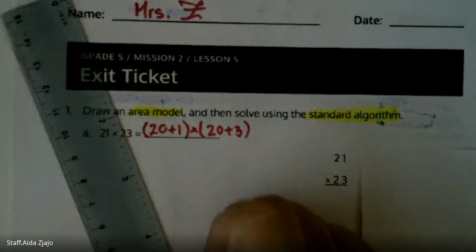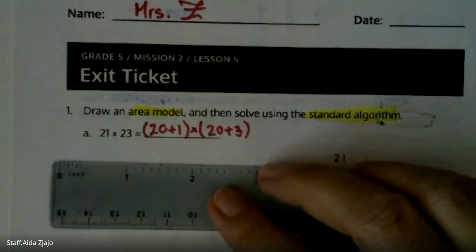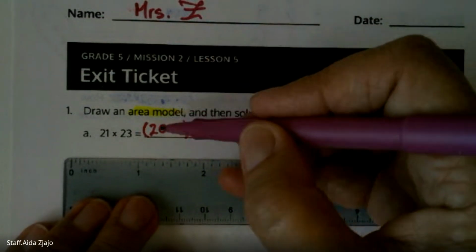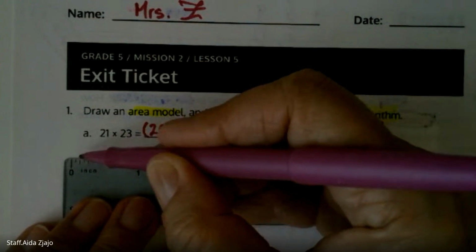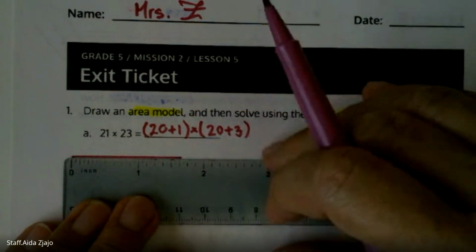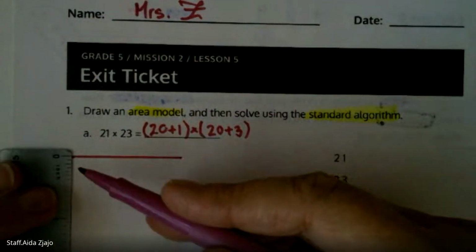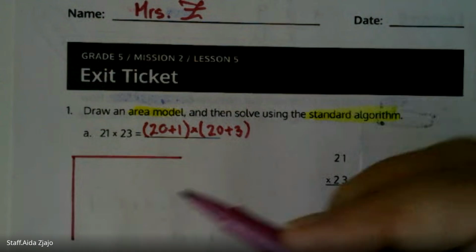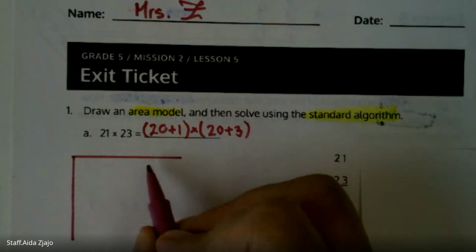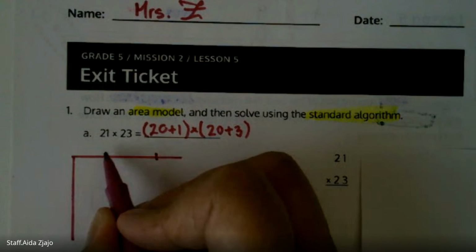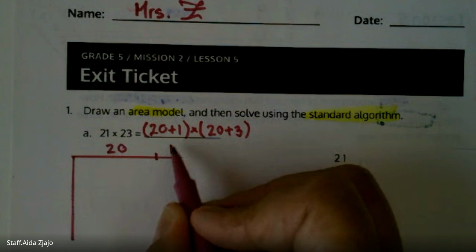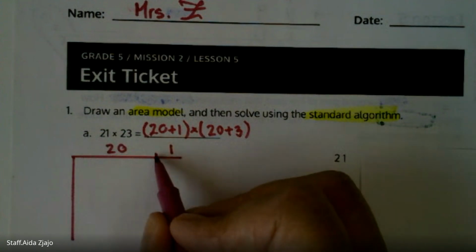So if I am looking at this and I want to make an area, I need 2 horizontal parts, and then I'm also going to need 2 vertical parts. So I'm going to make the horizontal line, and that could be a 20, and then this is 1, so 20 and 1.